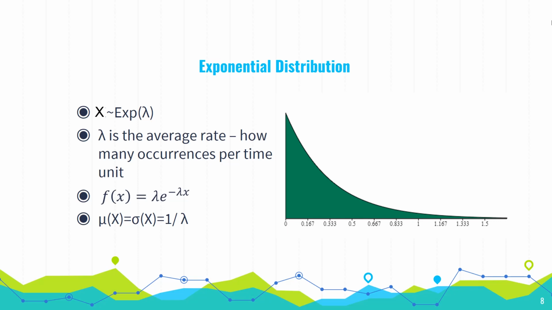The density function is f of x equals lambda times e to the negative lambda x. I'm not going to expect you to use the density function. You can look these up also. But one thing that's good to know: the mean and the standard deviation are both equal to 1 over lambda. So if you, on average, get 5 phone calls per hour, the mean amount of time until the next phone call is 1 over 5, 1/5 of an hour, which is 12 minutes.